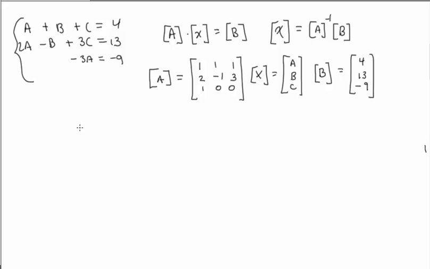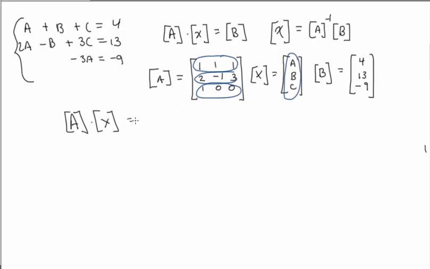So you see here, if we actually did matrix A times matrix X, hopefully you remember a little bit about matrix multiplication. This would be applied to this row and this row and this row, leading to 1A plus B plus C, and this would lead to 2A minus B plus 3C and 1A plus 0B plus 0C.